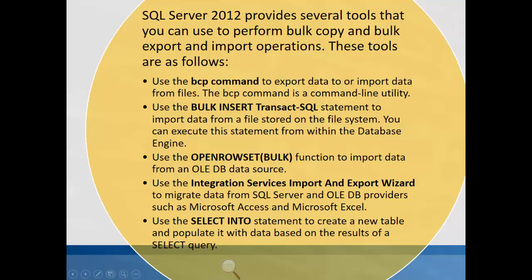The BCP command is a command line utility, of course. So one way we can do it is through BCP, we can import and export data. Second way is bulk insert. Third way is OPENROWSET. Fourth way is the integration services import and export wizard. And fifth way is select into. Those are 5 ways we can copy, import and export data to and from a database.